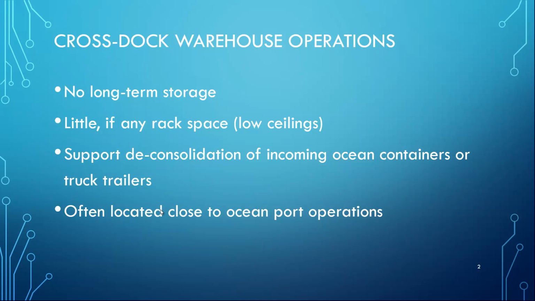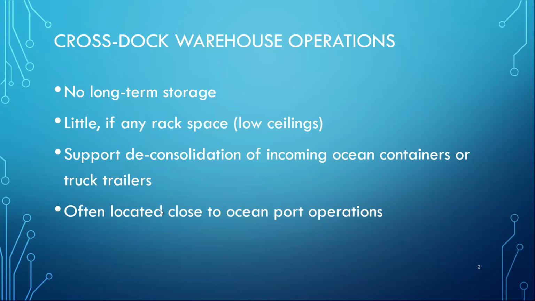So we should be able to deconsolidate these items in this warehouse and distribute the items to the outgoing or the shipping area. In some cases, it should support the deconsolidation of the smaller boxes, take out the items, and then distribute the items to the different trucks.